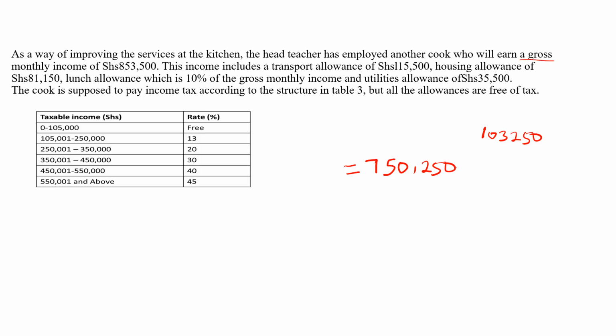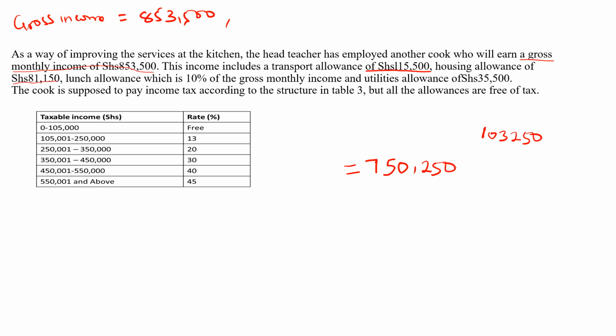I'm seeing gross monthly income, that is 853,500. And then I have allowances. Remember I have transport allowance, yes, it is here. Then I have also housing allowance.